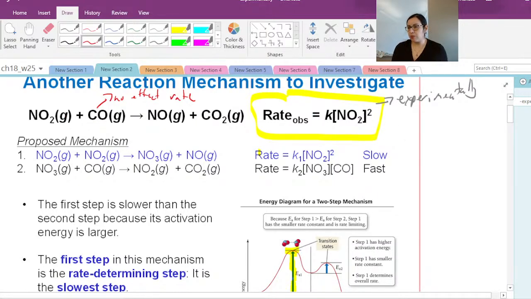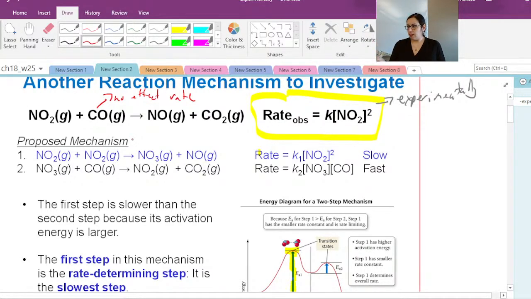Right, but think back to chapter 17 for a second, because we don't have the data for this. So we're just saying at some point it was determined that it's second order with NO2, remember what that means, and then it must be zero order with CO. But we wouldn't be able to tell that from this equation.